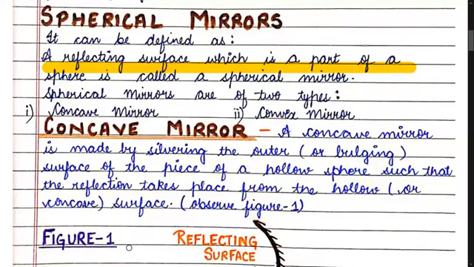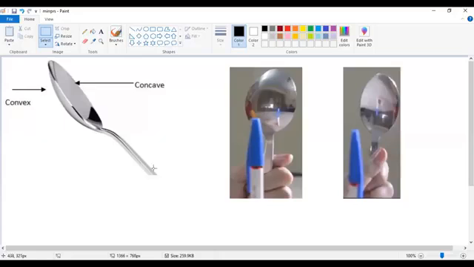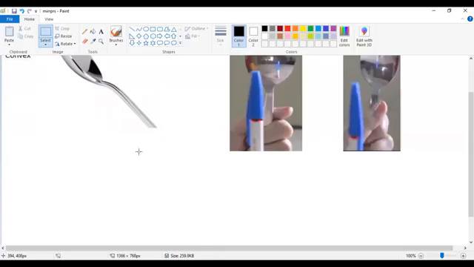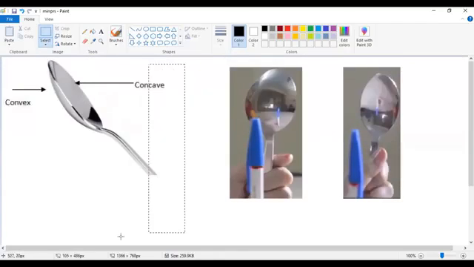Before starting the concave and convex mirror, I want you all to do one activity. You have to take a spoon. A spoon acts as a concave and convex surface.